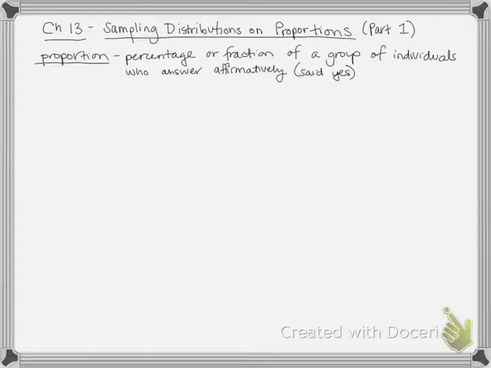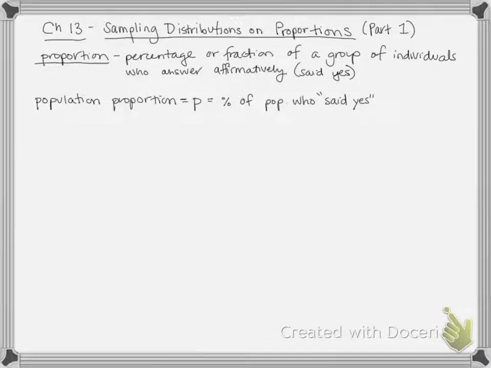Okay? So we have two different proportions that we think about, and we're just going to discuss the very first one, which would be for the population. So the population proportion is also expressed as lowercase p, which, if you remember from the videos for the binomial model, is equivalent to the probability of success. But in this case, this is the percent of the population who said yes to a yes or no question, right?